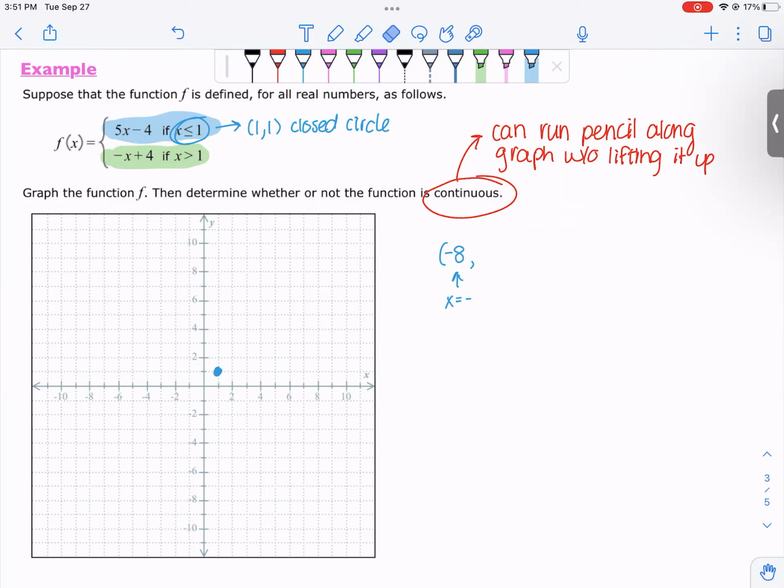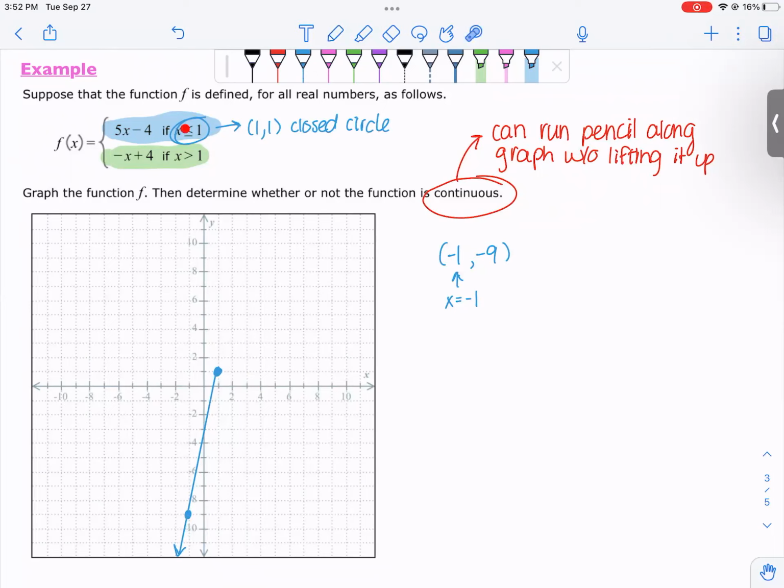We're going to do negative 1. Negative 1 times 5 is negative 5. Negative 5 minus 4 is negative 9. So we're plotting the point negative 1, negative 9. I'm connecting these 2 points because they're aligned. Bam.